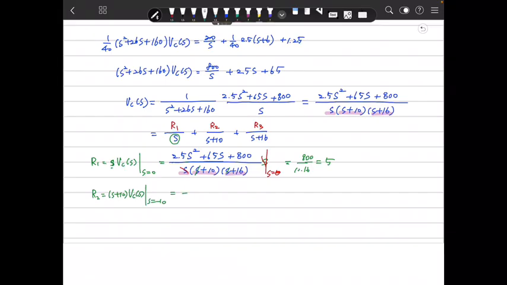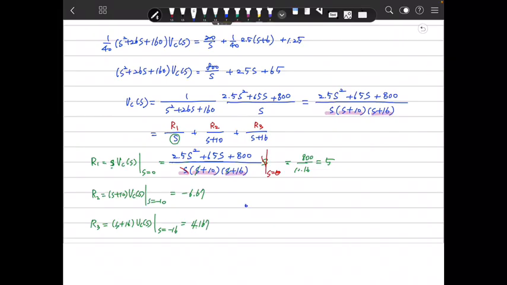So the result was minus 6.67, and R3 was s plus 16 times VCS, then s will be minus 16. So the result was 4.167.